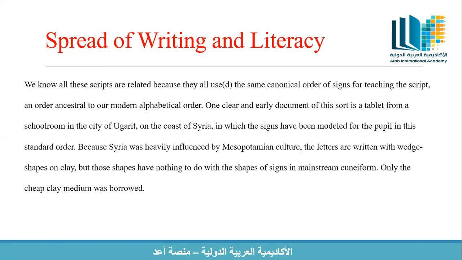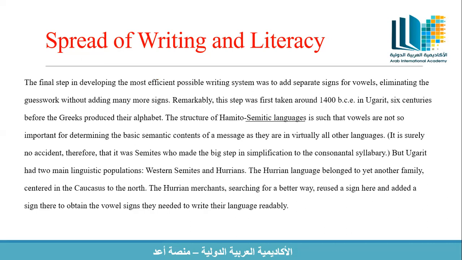Only the cheap clay medium was borrowed. The final step in developing the most efficient possible writing system was to add separate signs for vowels, eliminating the guesswork without adding many more signs. Remarkably, this step was first taken around 1400 BC in Ugarit, six centuries before the Greeks produced their alphabet.